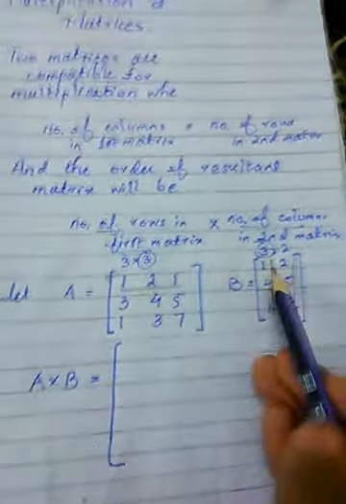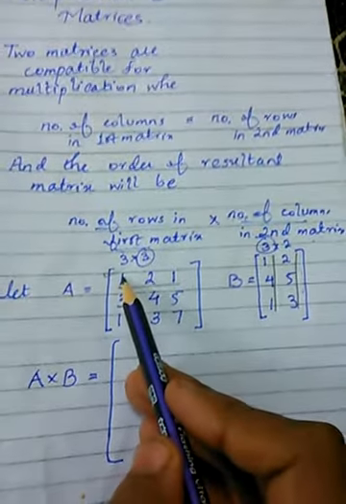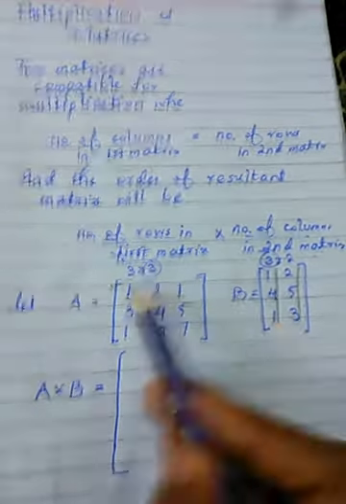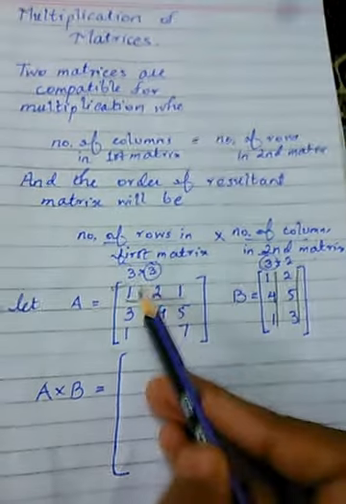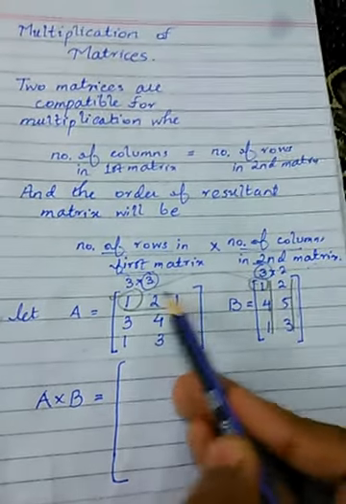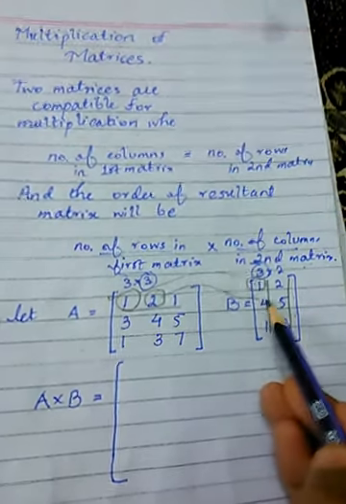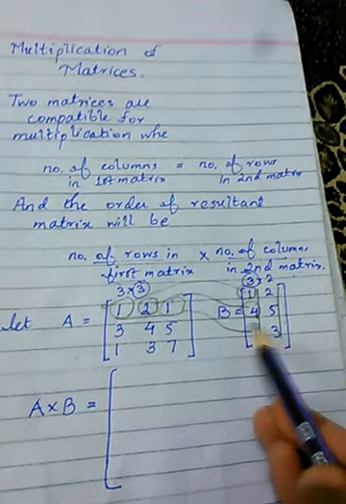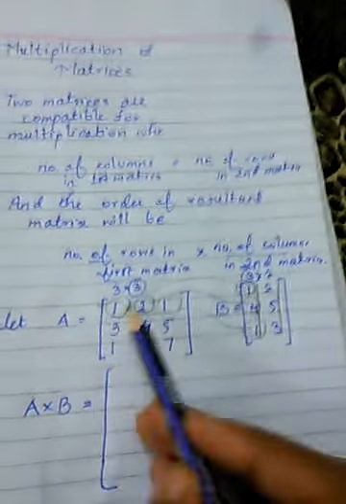So for first row, first column, each element will get multiplied by its respective element. 1 will get multiplied with 1, 2 will get multiplied with 4, 1 will get multiplied with 1.